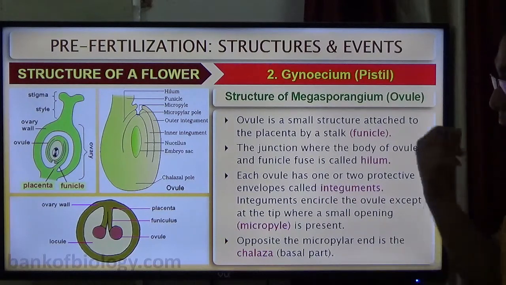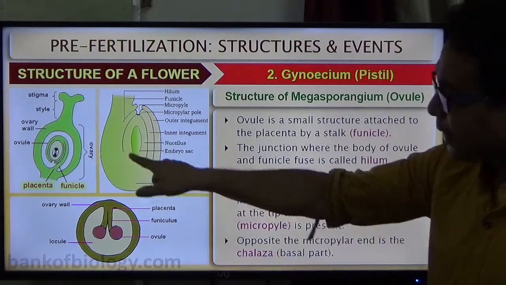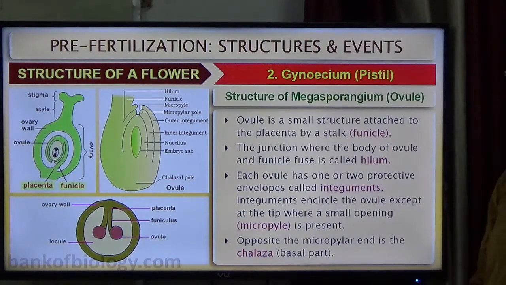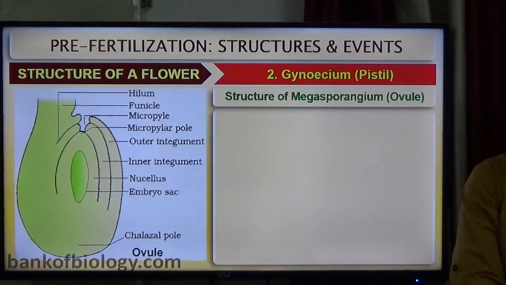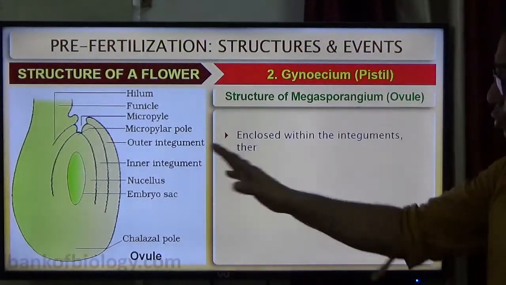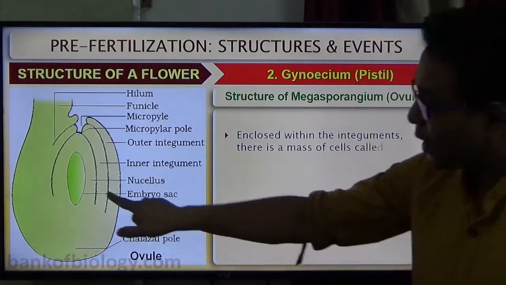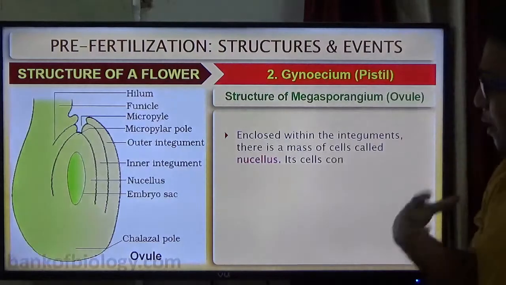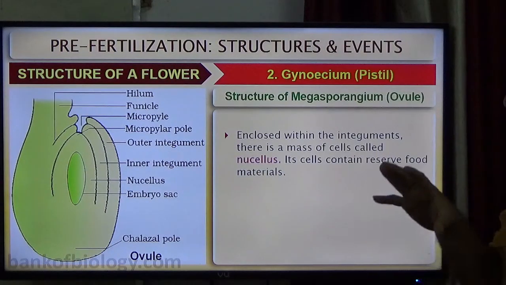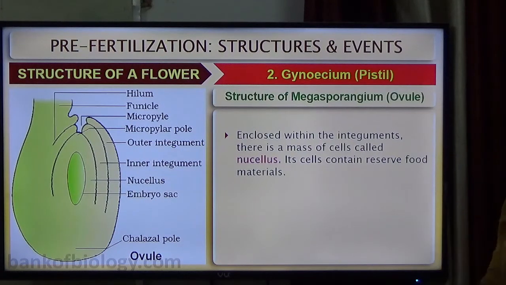We discuss every point. And inside the integuments, there are also two important parts. One is the nucellus, another is the embryo sac. Just zoom this picture and observe that enclosed within the integument there is a mass of cellular structure called the nucellus, which is a reservoir of food.